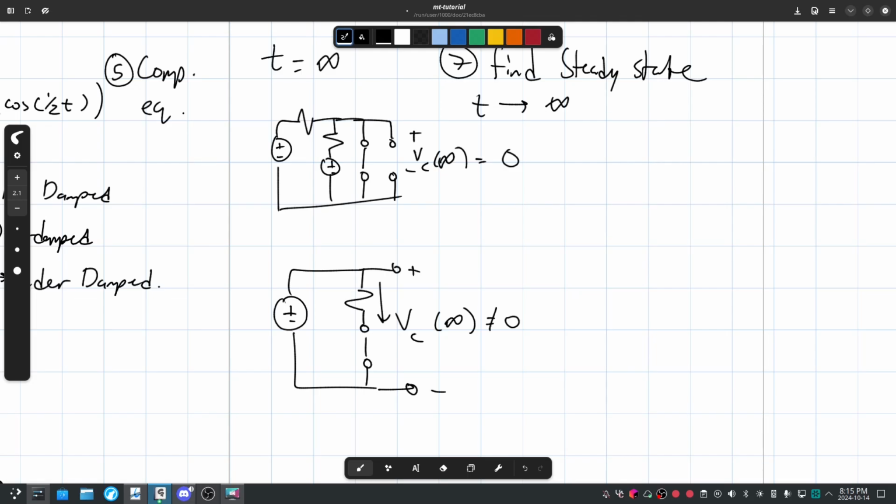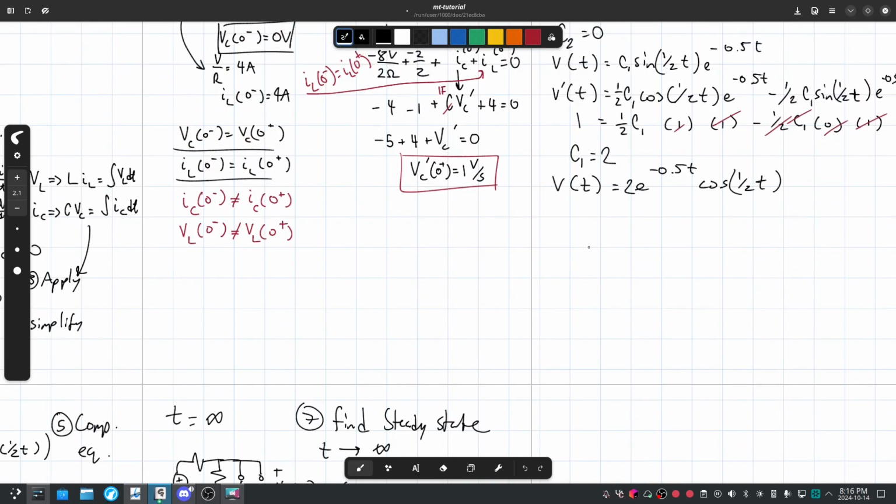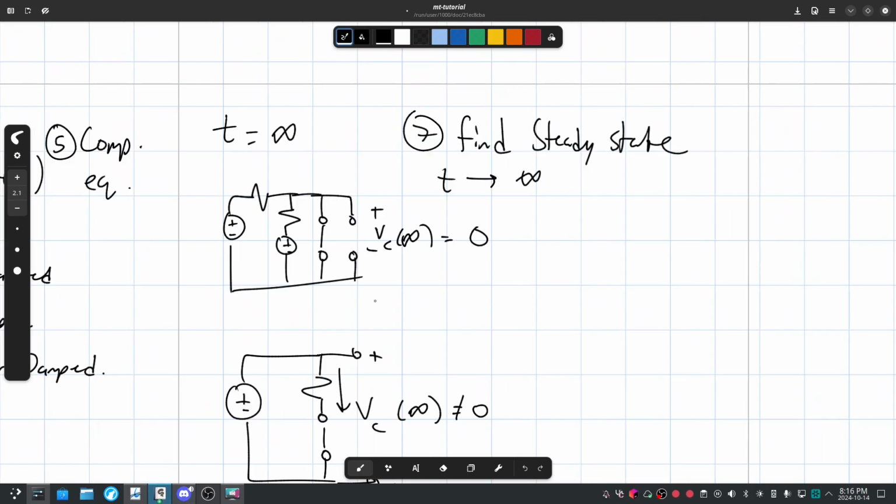And so once you get to solving your IVP, you have to tack on your steady state at the end. You would be doing all of this except with the steady state at the end. That's it. So we need to do another KCL for V infinity?